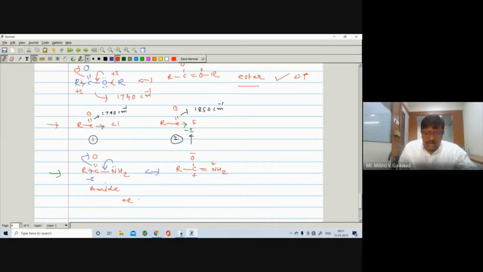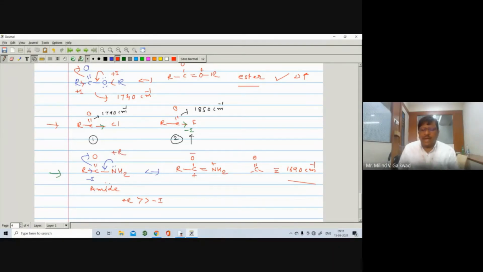So the amides will appear here. The plus R is more powerful than the minus I, right? So the CO will appear at 1690 centimeter inverse, which means lower. Why? Because there is a plus R effect.